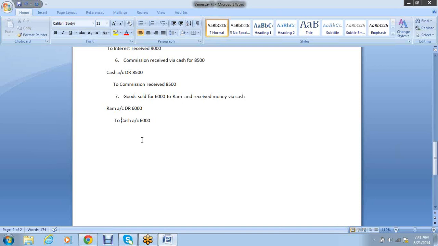Then how do we post the entry? There are three entries, but debit should always be equal to credit. This must be followed. If debit is not equal to credit in one transaction, that means it is an incorrect transaction.